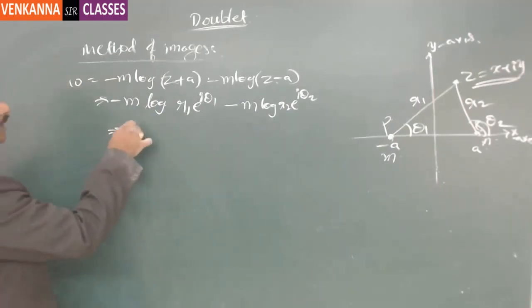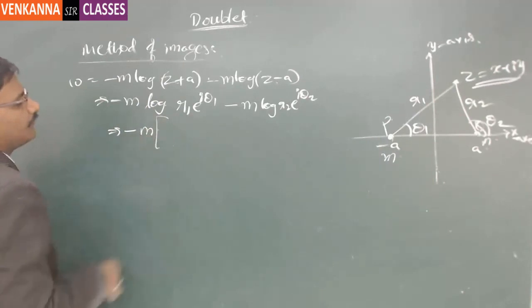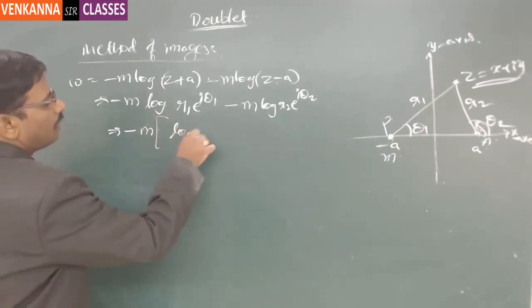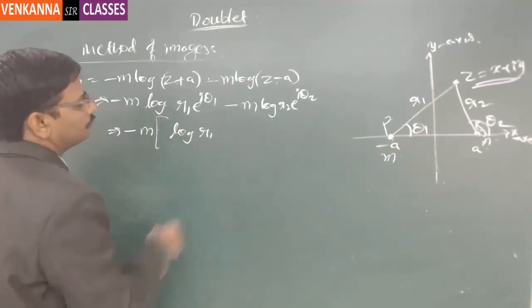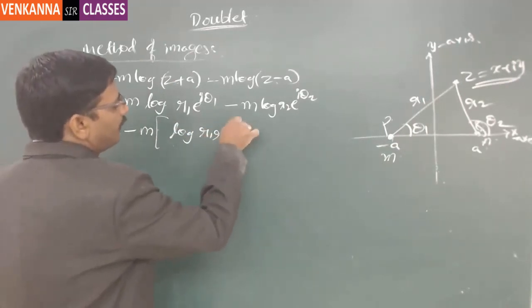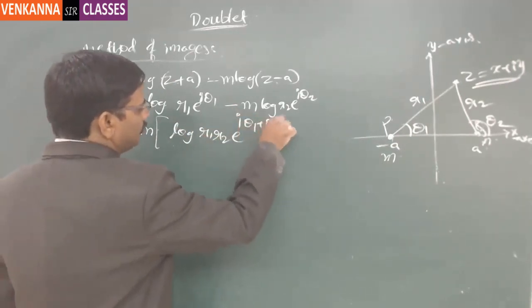Now here, if you take minus m out, then log of R1 R2 e power i (theta 1 plus theta 2).